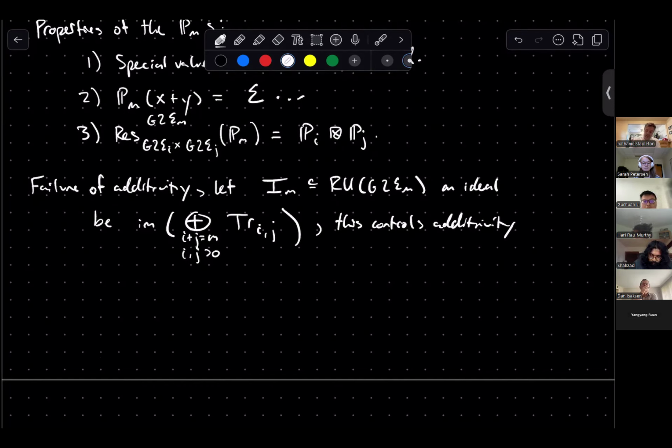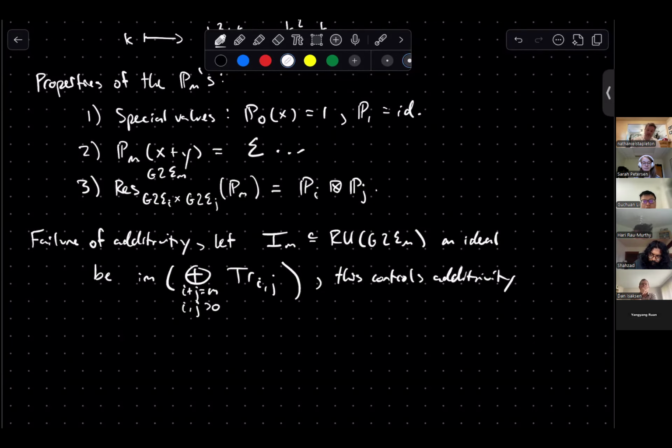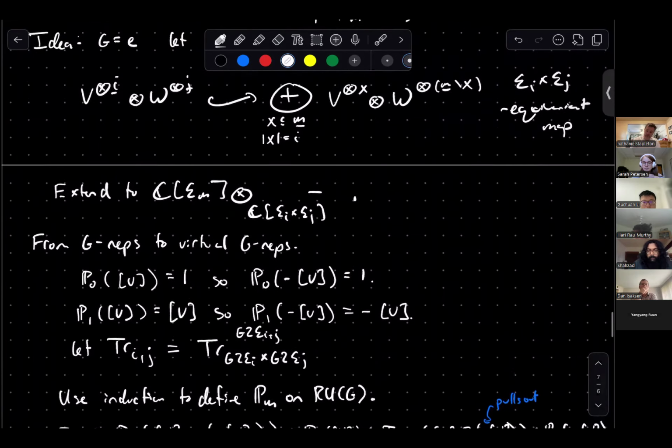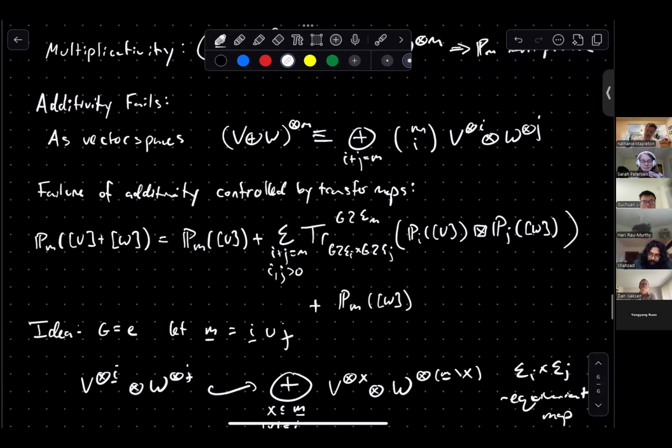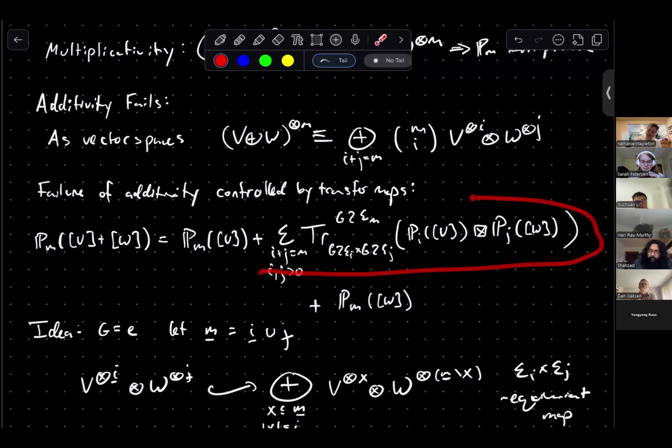And you see that it controls additivity by just looking at the formula for PM on a sum, right? Like if I mod out by that ideal, all of these terms vanish. And so I'm left with these two. And so after modding out by that ideal, PM is additive.